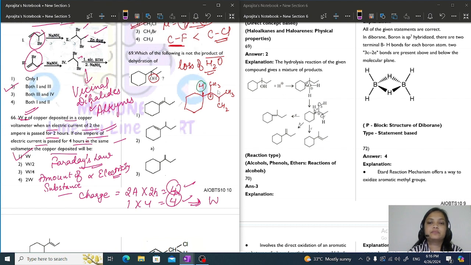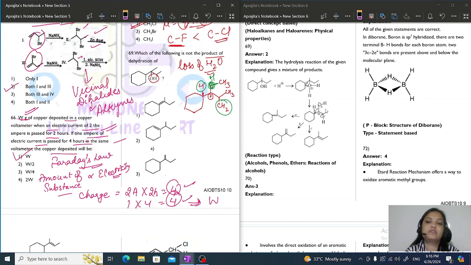Just a minute, it's not CH3 here. One hydrogen is here, one hydrogen is at this carbon, and the other one is here. There are 3 hydrogens that can be removed.